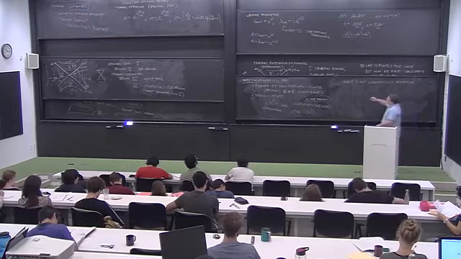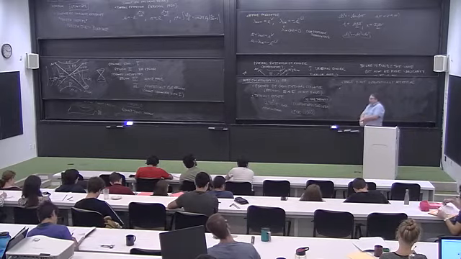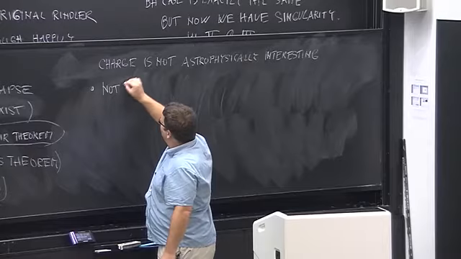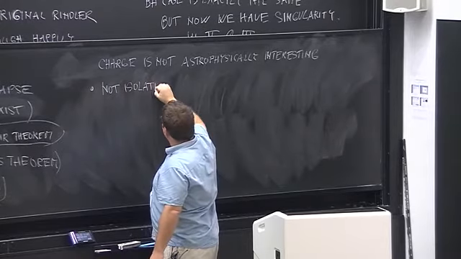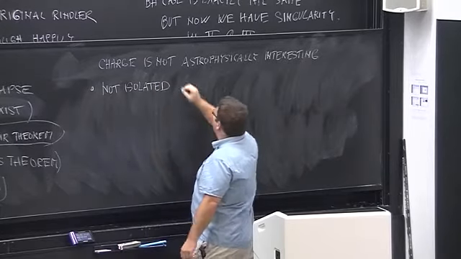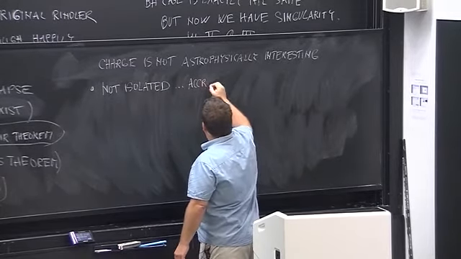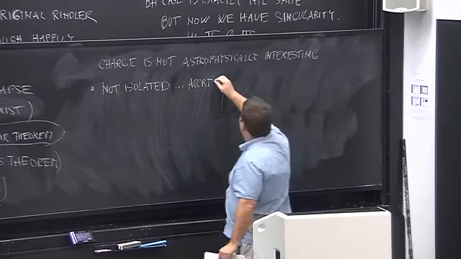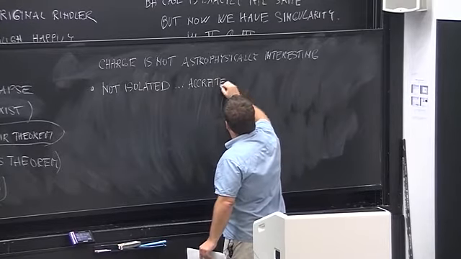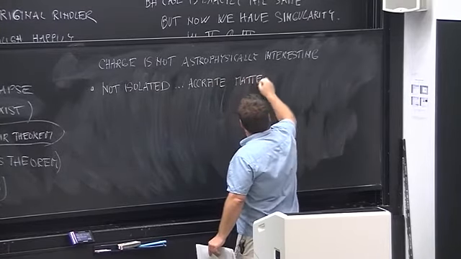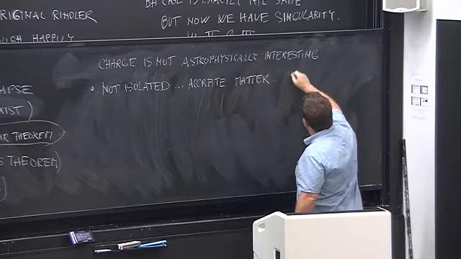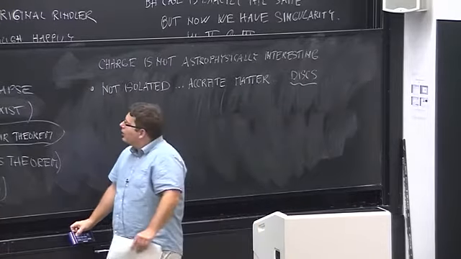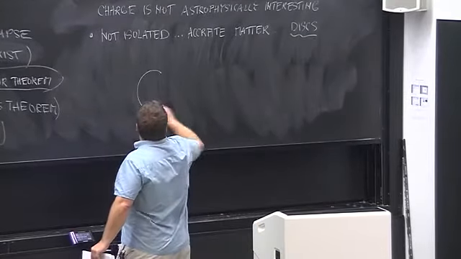All right, so then they are not isolated. And they typically accrete matter in the form of accretion disks. So then you have the black hole here.